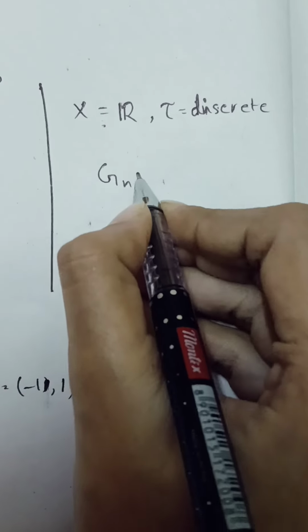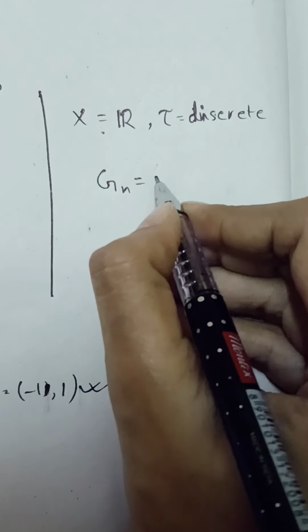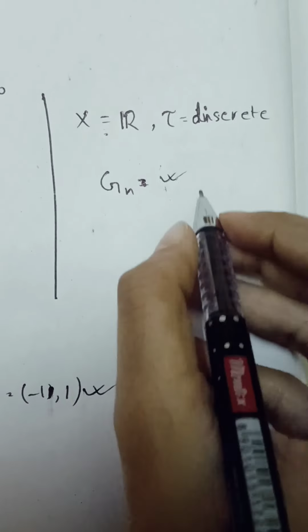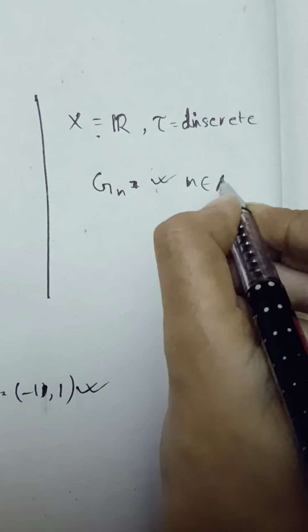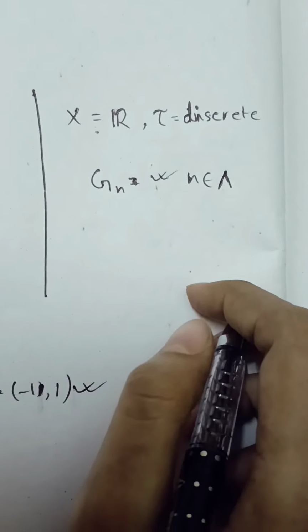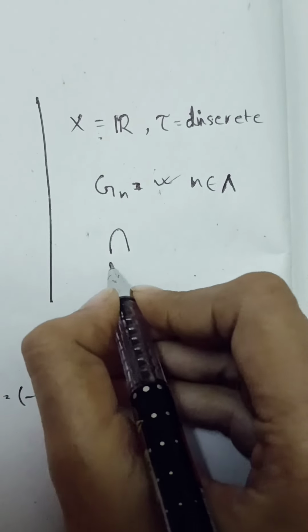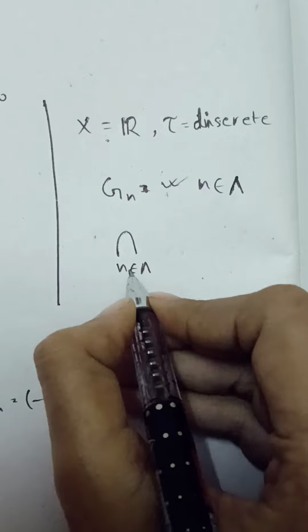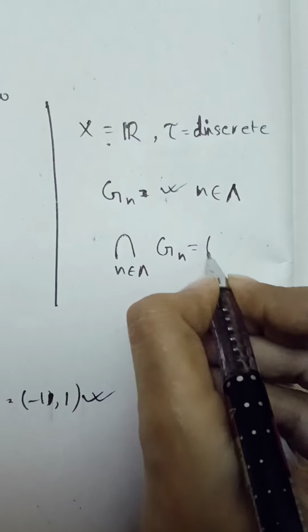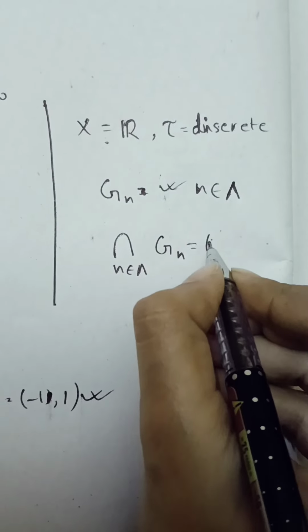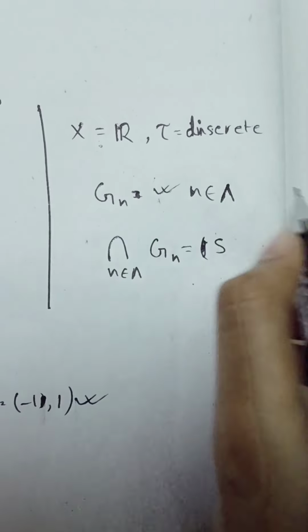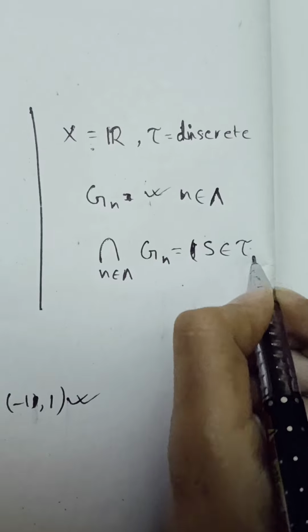So we can choose any family of open sets, where the index belongs to some countable or uncountable set lambda. Now the intersection of any collection of open sets here is again a subset, say S, of X, so it must belong to tau.